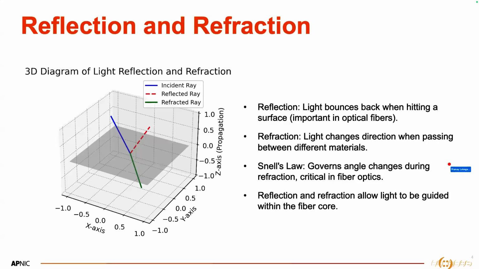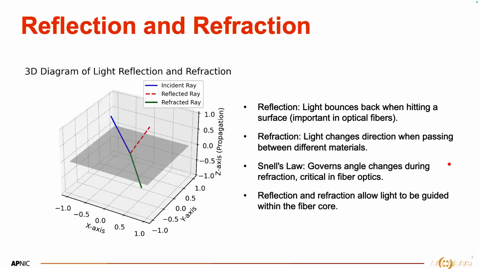So if we put light on a shining surface, it reflects back to us, or it reflects back in some other direction, based on the direction you are throwing the light, right? So this is reflection. And what is refraction?